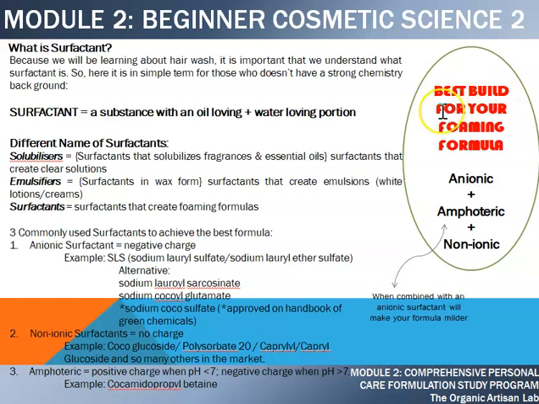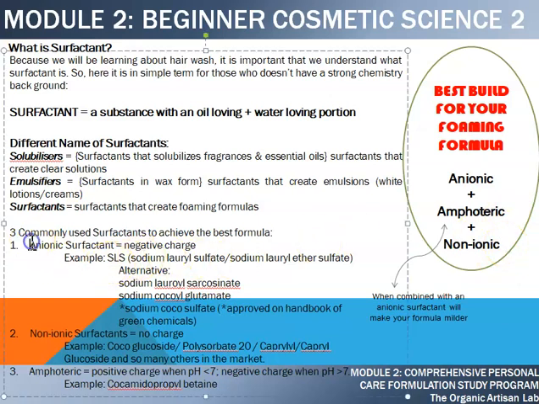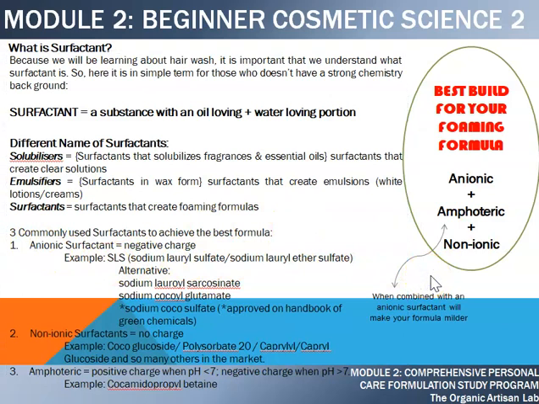There are 3 commonly used surfactants to achieve the best formula. As I said here, the best build for your foaming formula should contain an anionic surfactant, an amphoteric surfactant, and a non-ionic surfactant. Now, anionic surfactants are negatively charged substances.